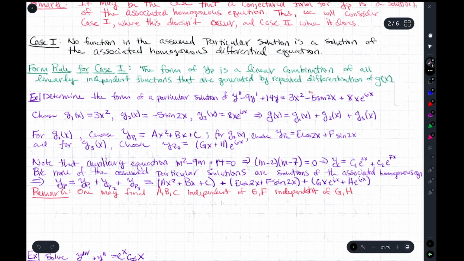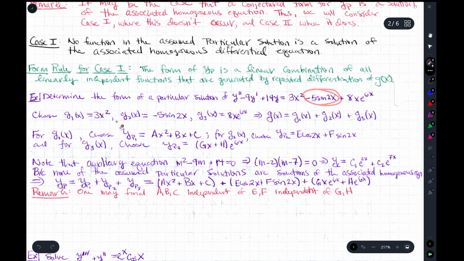So we have this 3x squared term. What does that need? That needs a y particular that looks like this, okay? So this we're going to call g1, 3x squared, and it's going to contribute to the particular solution, this yp1, all right, that has this assumed form because it's x squared.